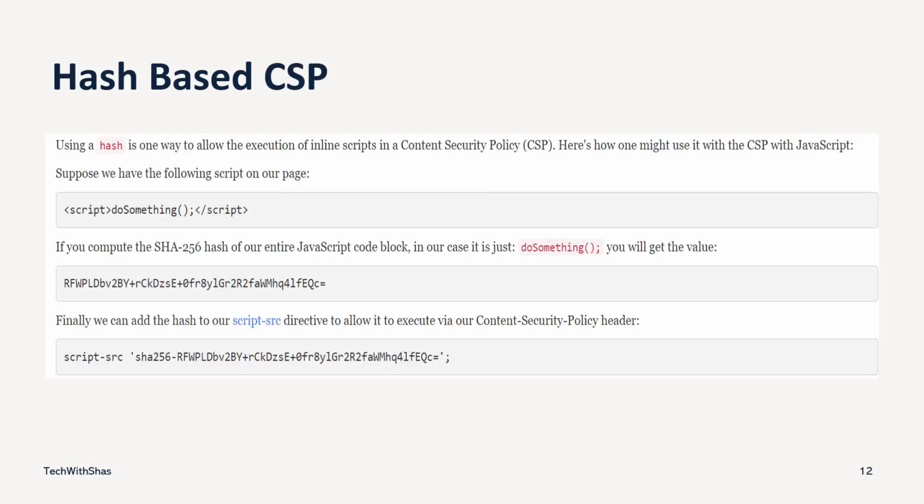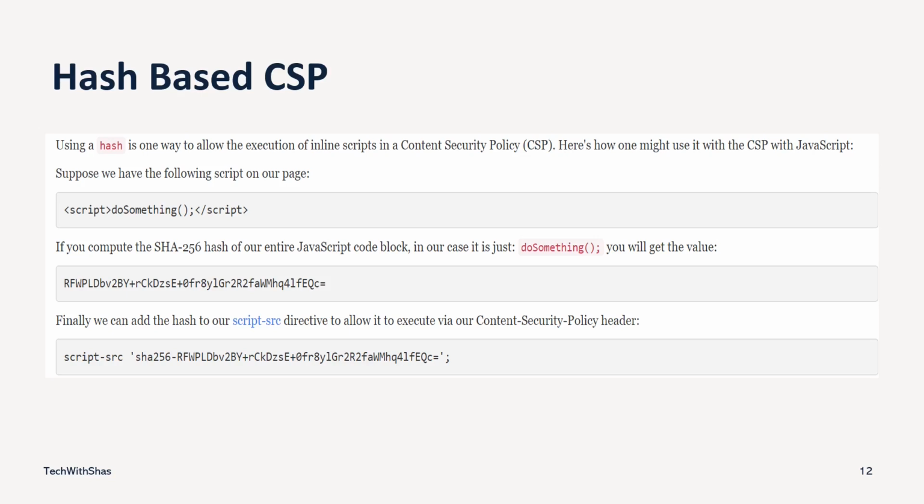So you want to secure the application. What are the ways by which we can be sure that whatever JavaScript I am loading is what gets rendered, not any other JavaScript? There are a couple of ways, and one is the hash-based security policy.